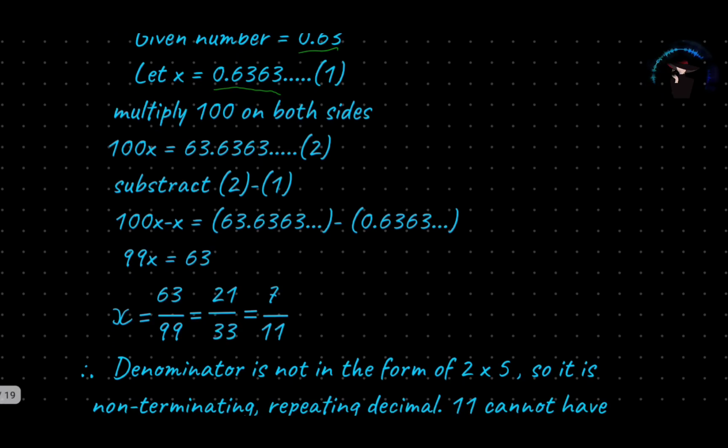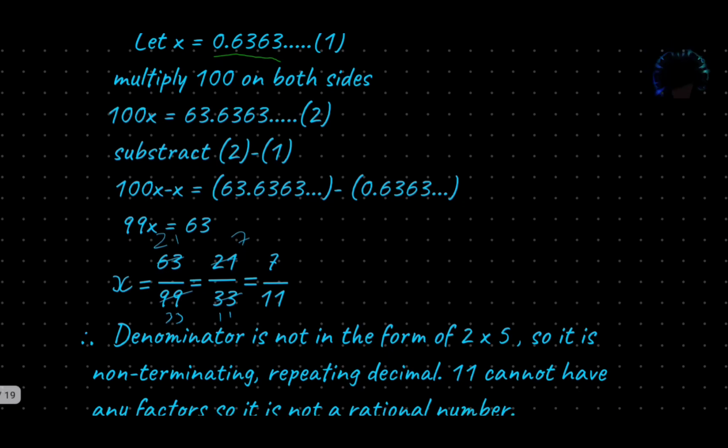Now bring this 99, which is in the multiplication, to the division form. x is equal to 63 by 99. Let's cancel it out as 3 3s are 9, 3 3s are 9, 3 2s are 6, 3 1s are 3, which gives 21 by 33. We can cancel again as 3 1s are 3, 3 1s are 3, 3 7s are 21, which is equal to 7 by 11.